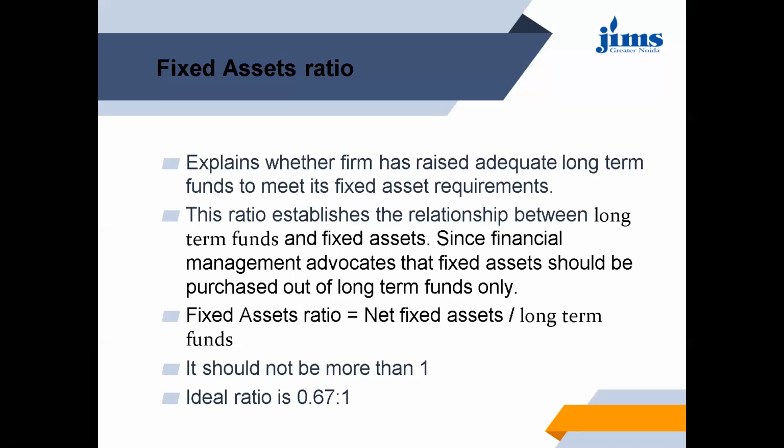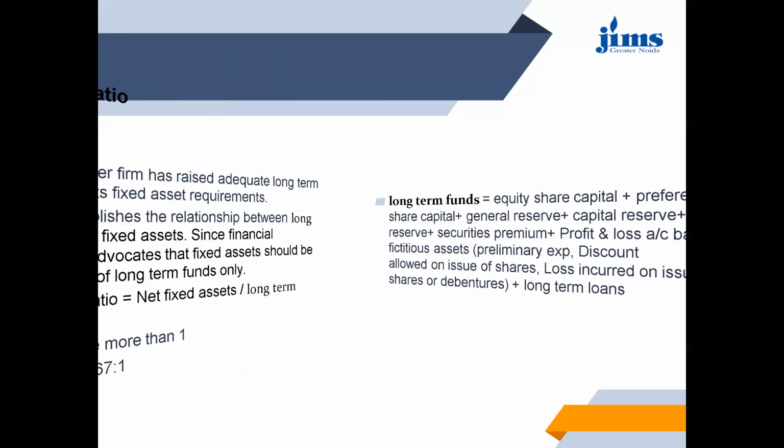That means if 67% of the long-term funds is invested in net fixed assets, that is good. But it should not be more than 1. If it is more than 1, that means the company has invested in long-term assets out of short-term funds also.